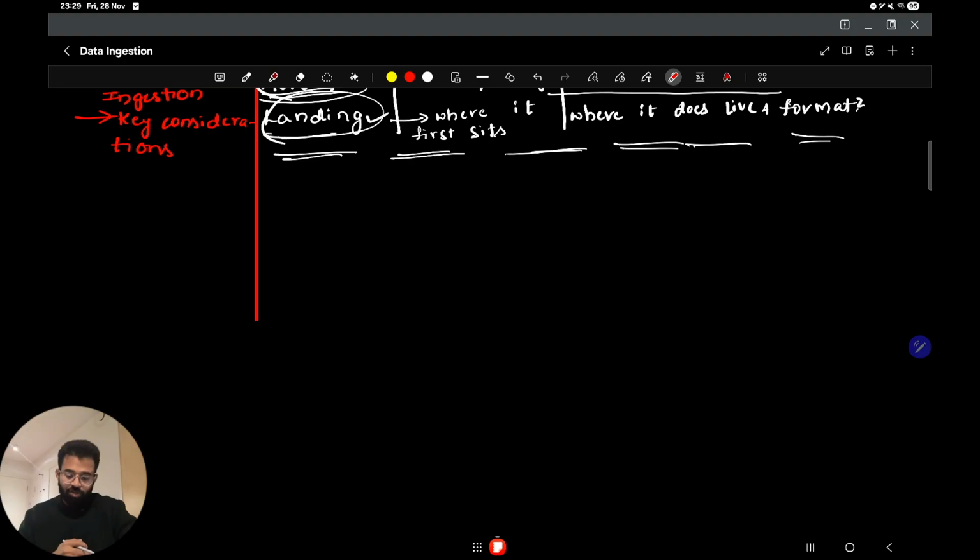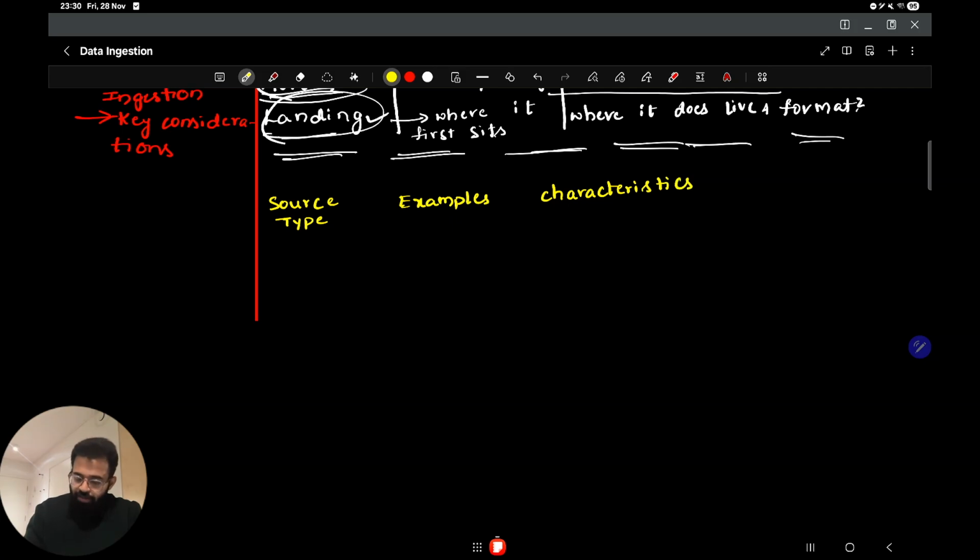We are also going to talk about the challenges involved in getting the data from those source systems into your data platform. Okay, let's start. Let's make a table: source type, examples, characteristics of those sources, and the challenges involved while getting the data from those sources, right?